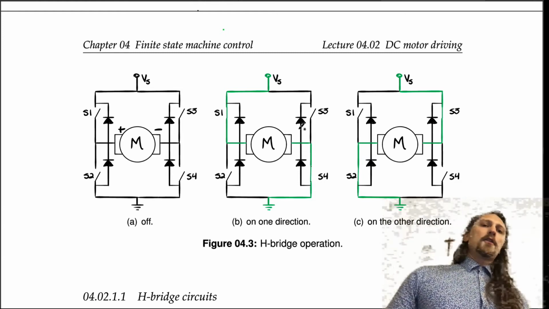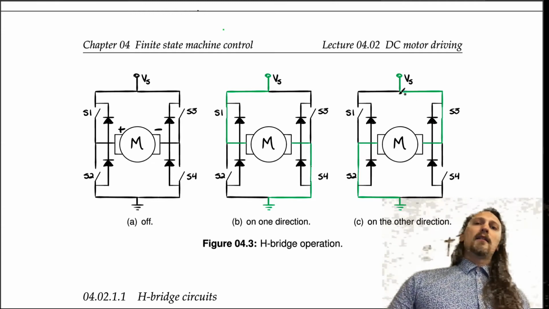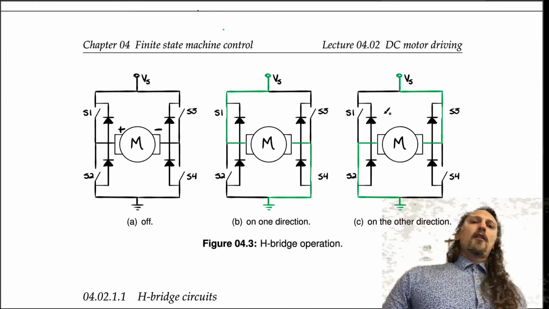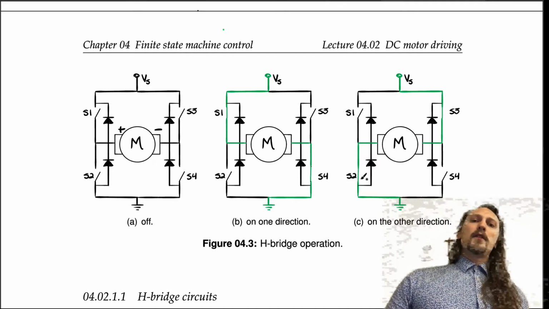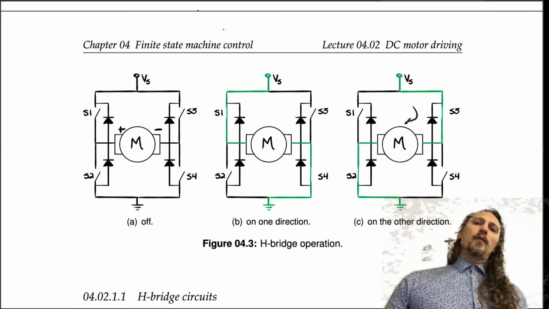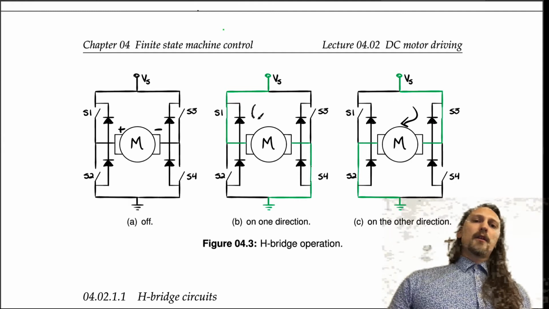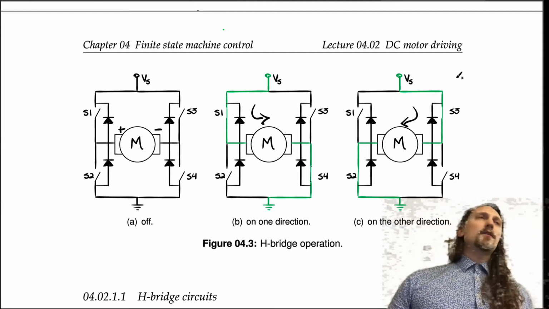And alternatively, if you wanted to go the other direction, you could apply the same voltage through the other side. So throw switches 3 and 2 instead of 1 and 4, and current will flow this way. So in this one, current flowed that way, and in this one, current flows this way.